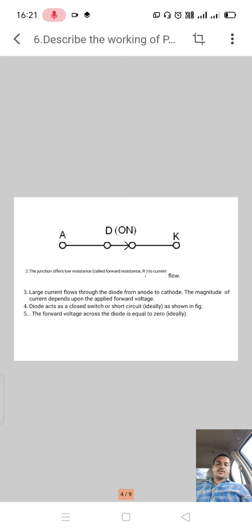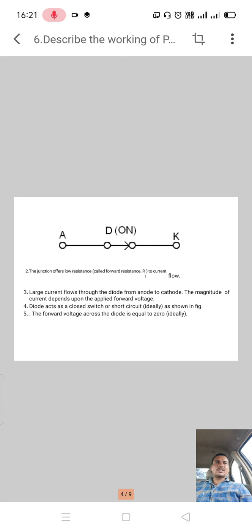Coming to the above figure, when the diode is connected in forward bias, the diode acts as an on switch. On switch means connected. So now the connection is continuous from anode to cathode.